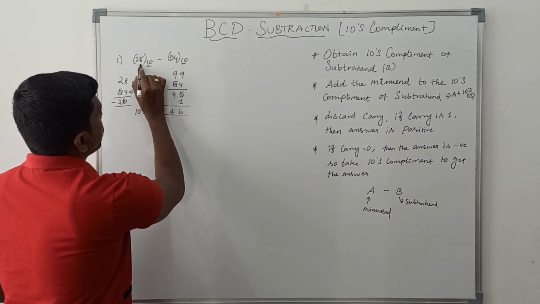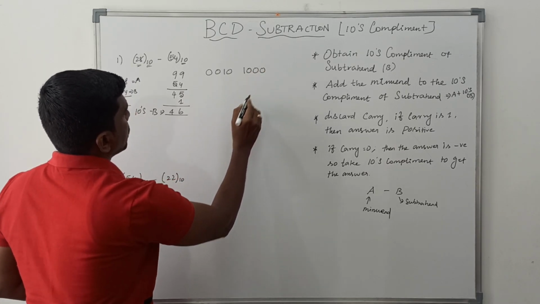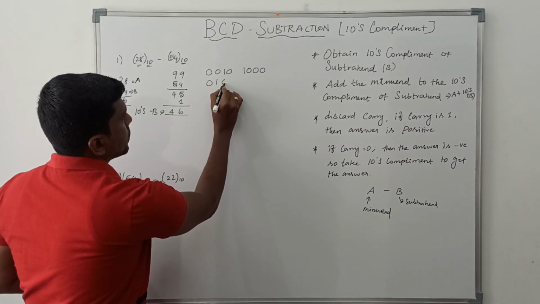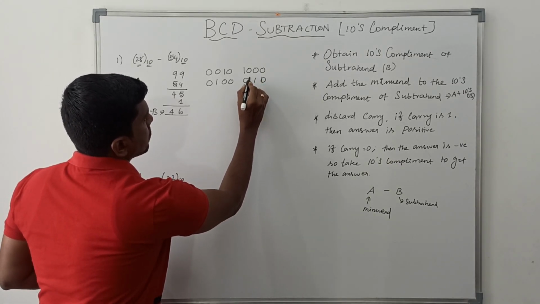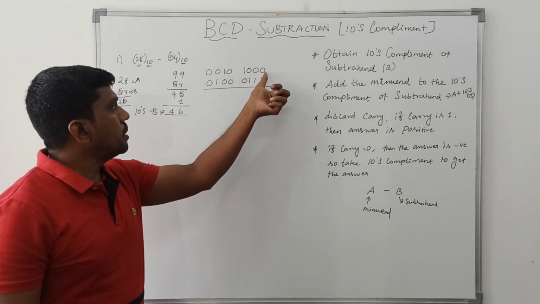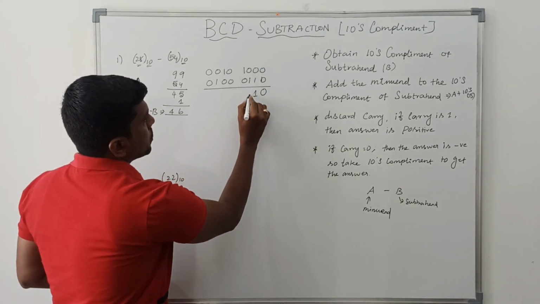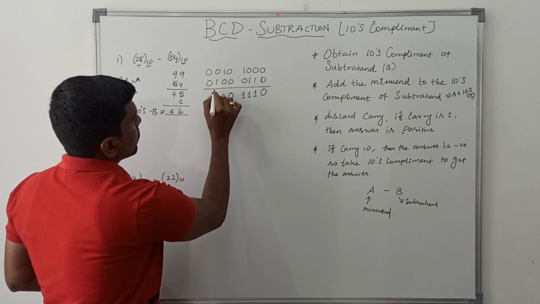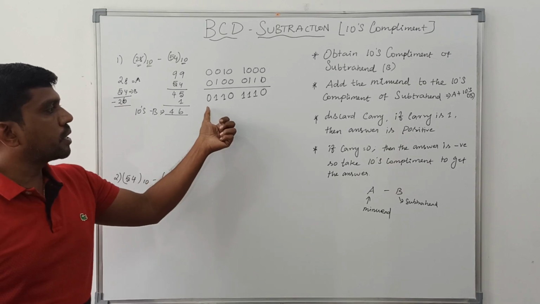First I write the binary number for 28: 0010 1000. Then the tens complement of B is 46, and I write the binary number for 46: 0100 0110. Then you add these two numbers. After addition you do not get a carry.